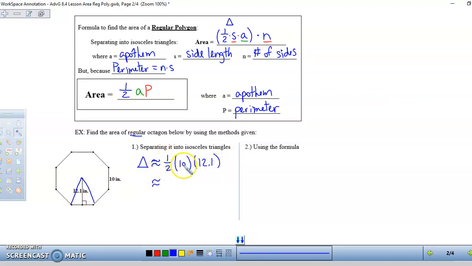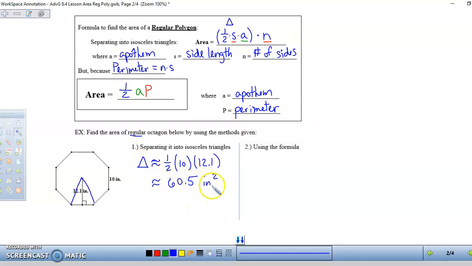What that gets me is going to be 5 times 12.1. You obviously can use a calculator if you need to. Just going to double check, but 5 times 12.1, so yeah, 60.5. And that's in inches. You should always have your units on your answers.